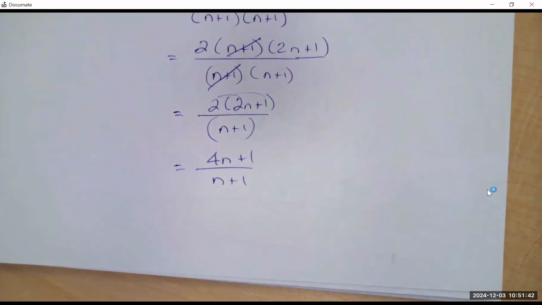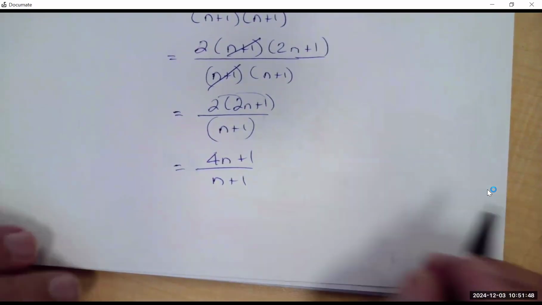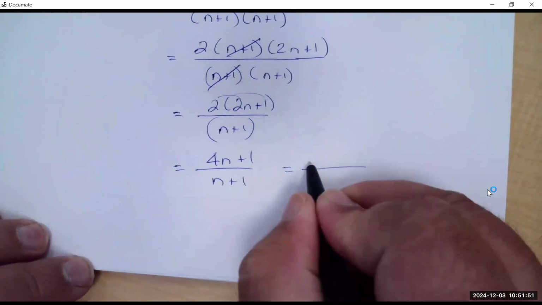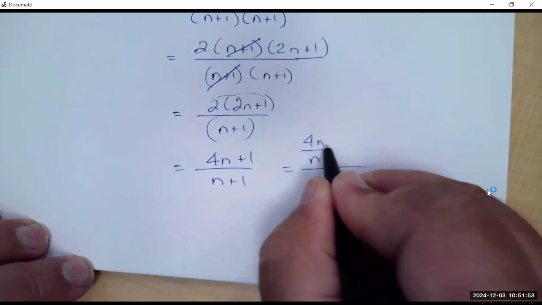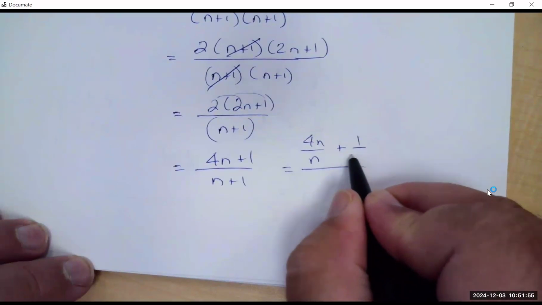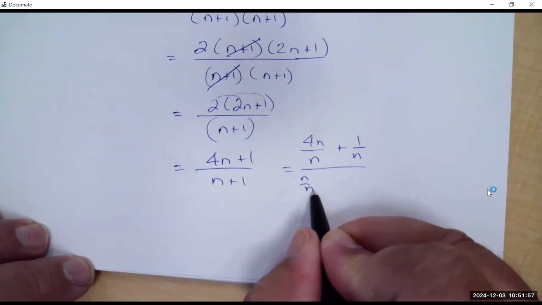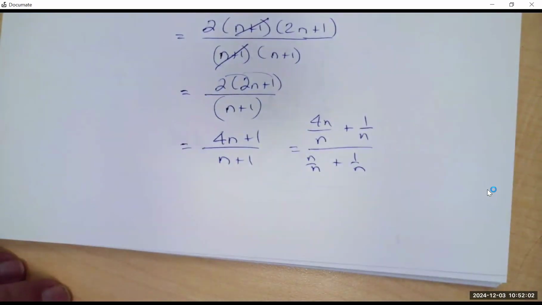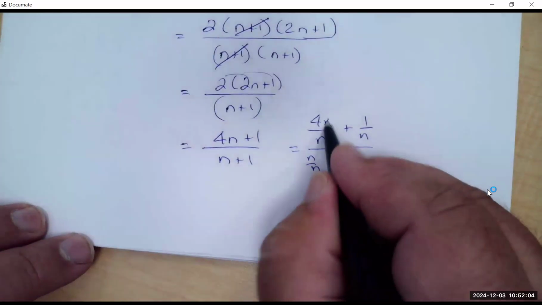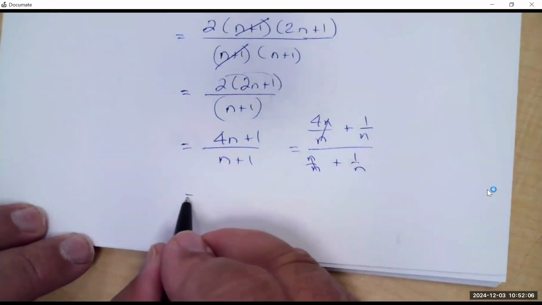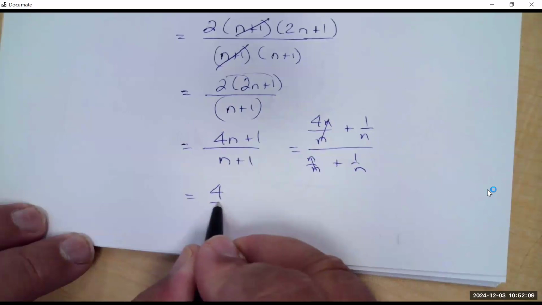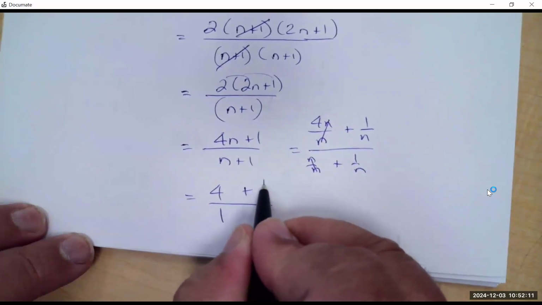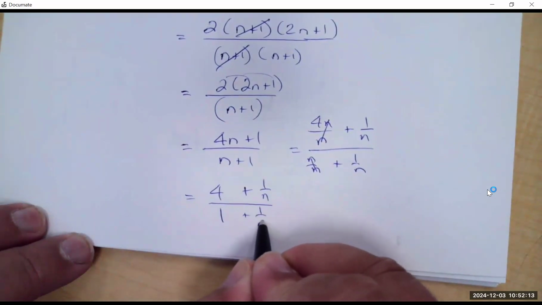What do I do next? Divide each term by what? N. Because it's the same as finding the horizontal asymptotes. So the n's cancel there. So we have 4 over 1 plus 1 over n plus 1 over n.